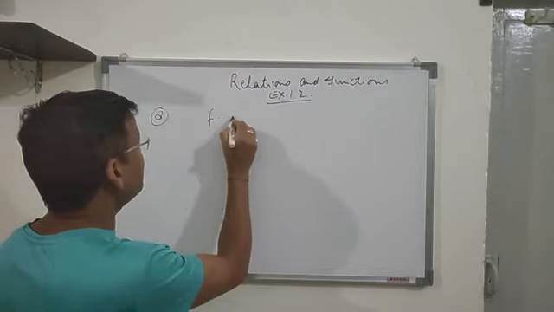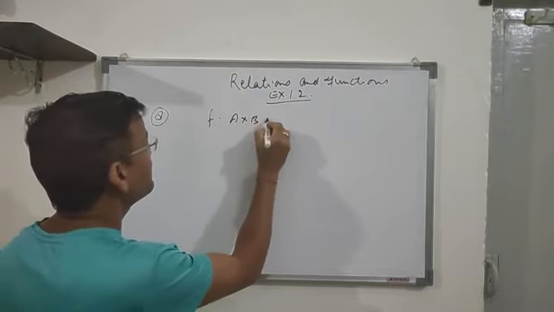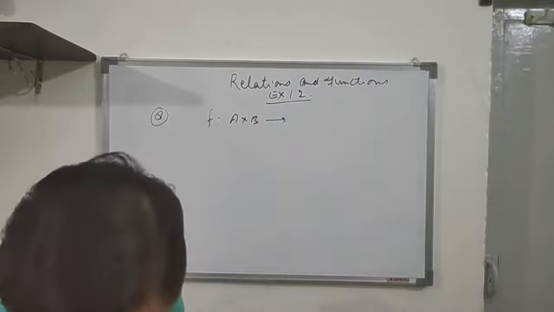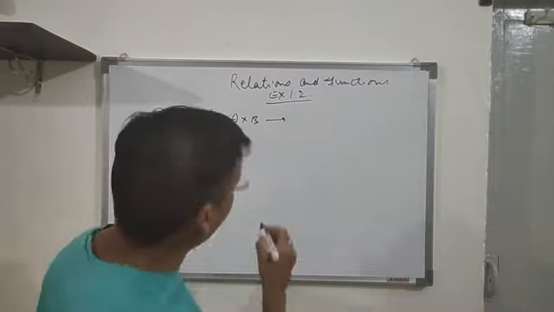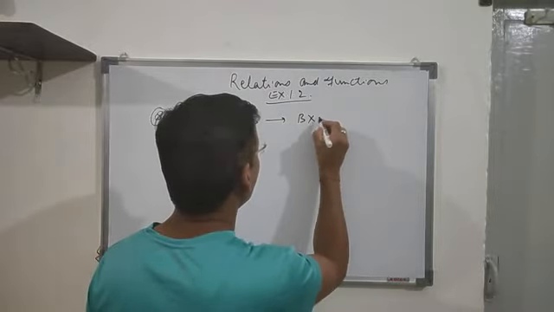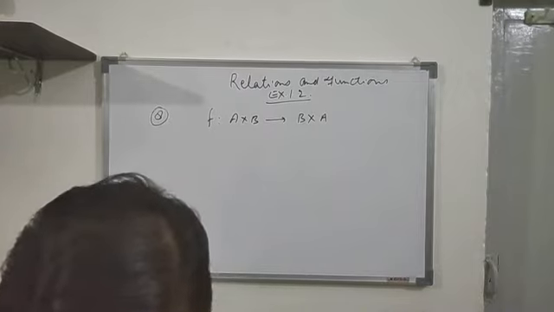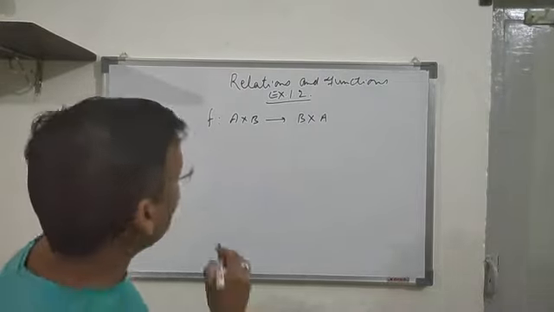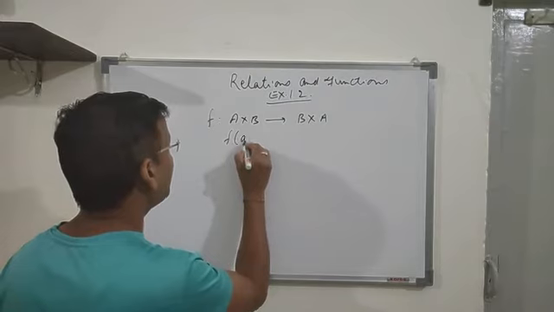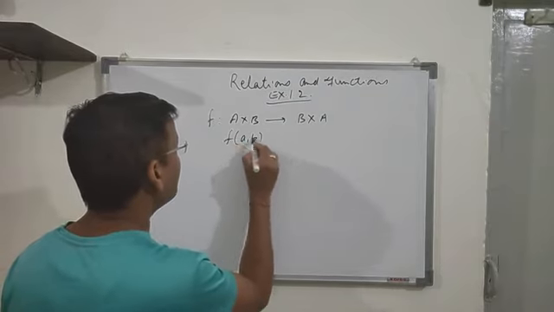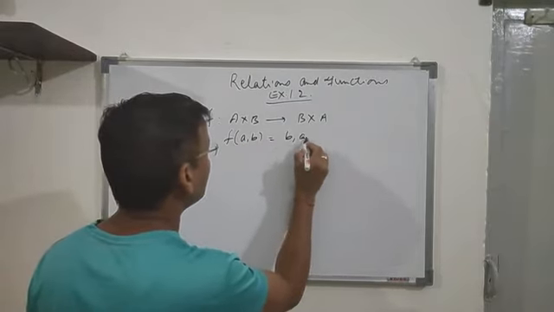It is a function from A cross B to B cross A, and it is defined as f(a, b) is equal to (b, a).